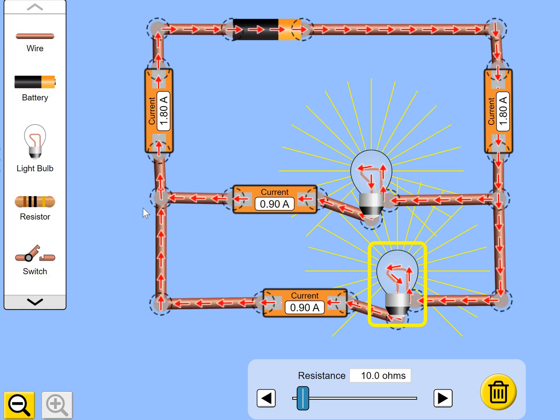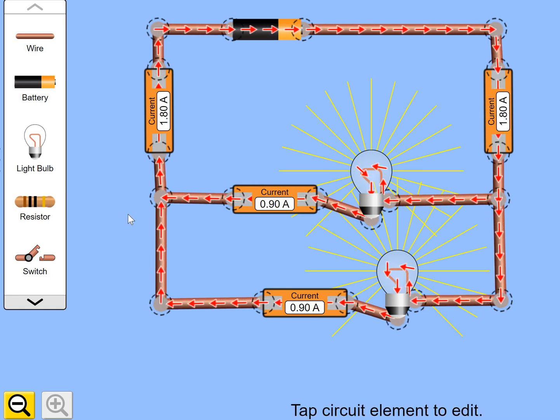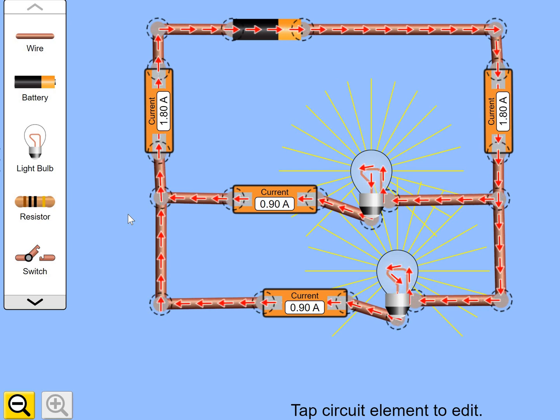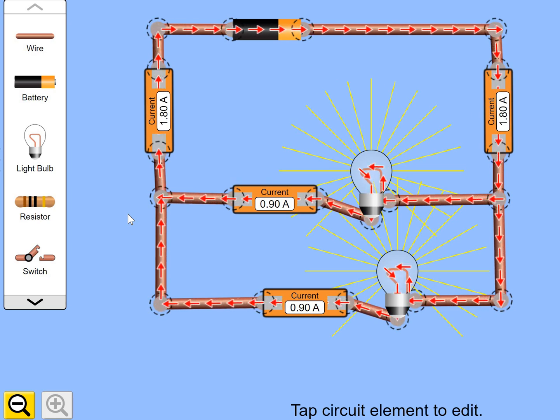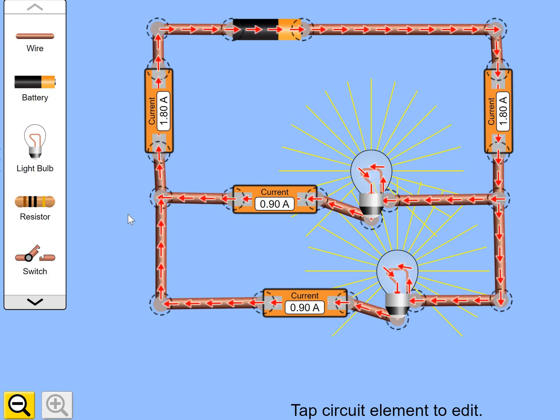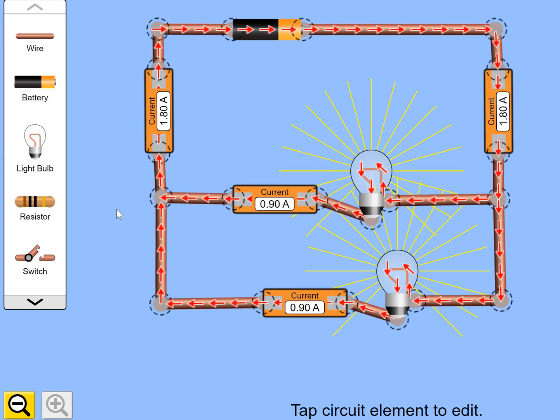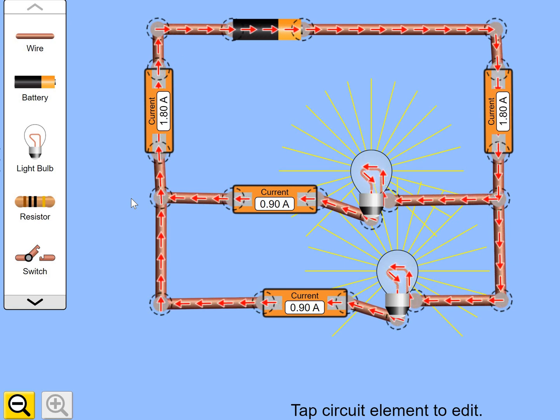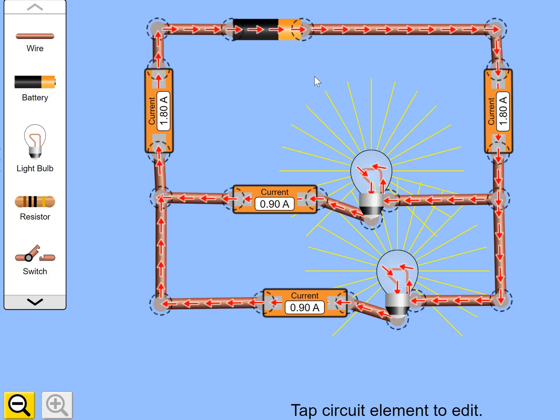At this point, on the left-hand side of this parallel circuit, the bulbs are on parallel lines, but over here on this section you can clearly see that the current, the flow of electrons, is joining once again, and we've got the same current reading over here as at the start.